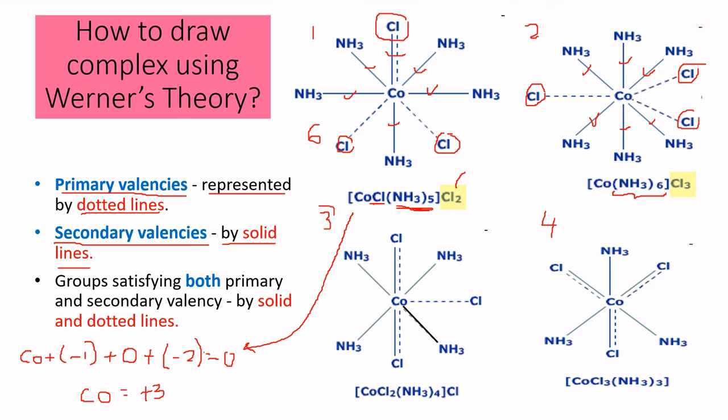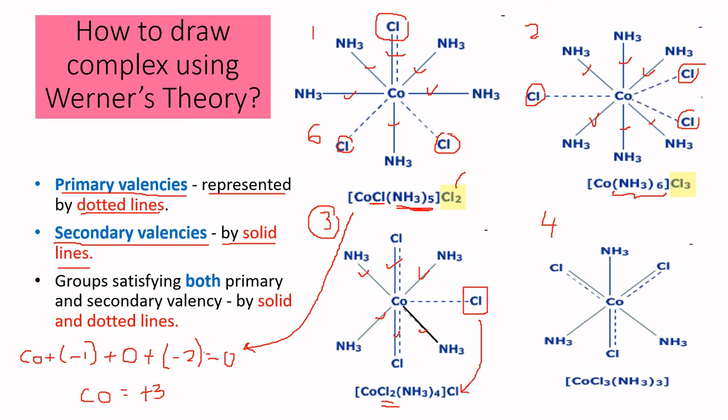If you look at example number 3, you can see that there is also a coordination number of 6, but the difference is now 2 chlorines are inside the square bracket, meaning 1, 2, 3, 4, 5, 6. These 2 chlorines have dotted line and solid line, so they satisfy both primary and secondary valency, while this chlorine only satisfies the primary valency. That's why it is located outside of the coordination sphere.